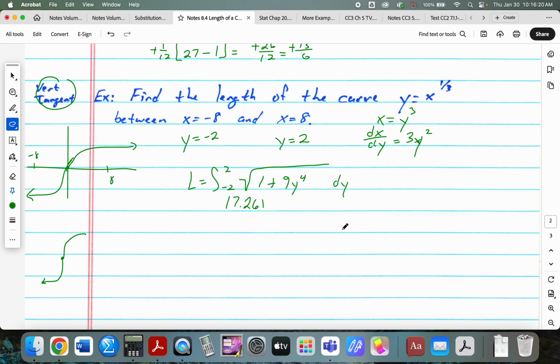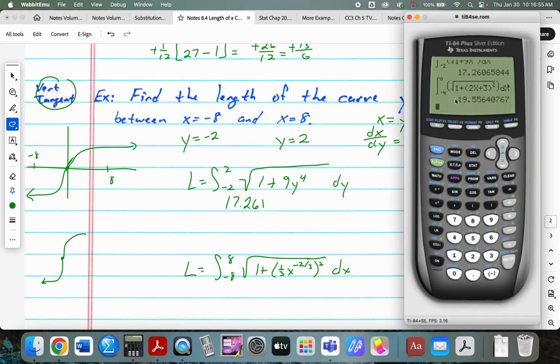You don't need to write any of this down, but we would have said that the length was the integral from -8 to 8 of the square root of 1 plus 1/3 x to the -2/3 squared dx. What if we had tried to do that?